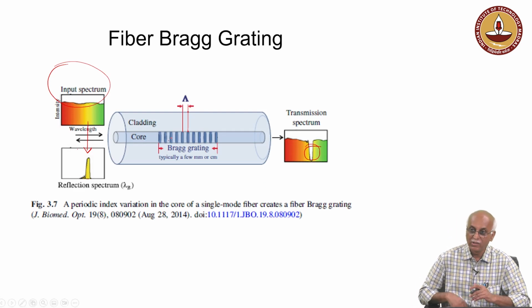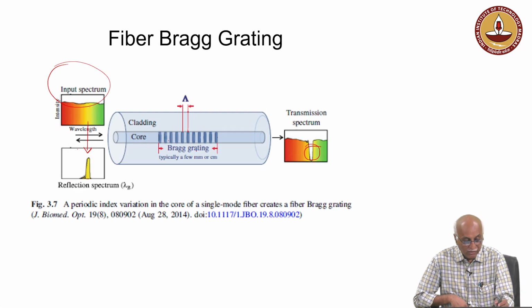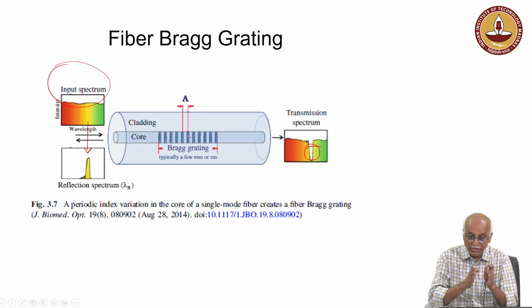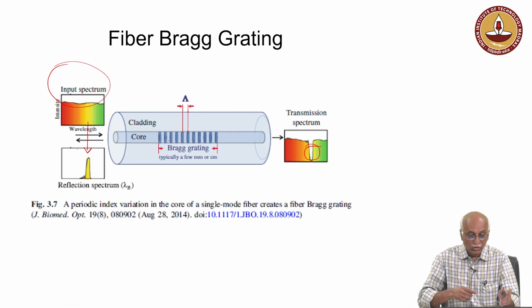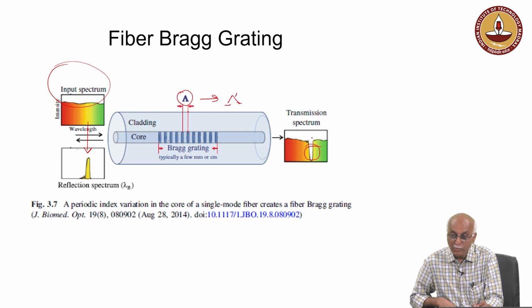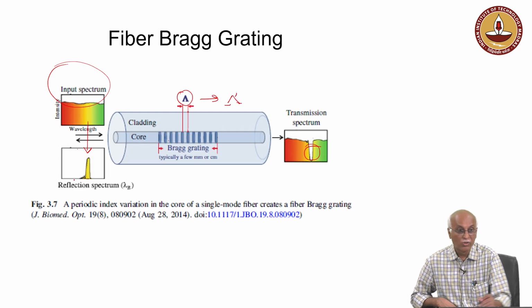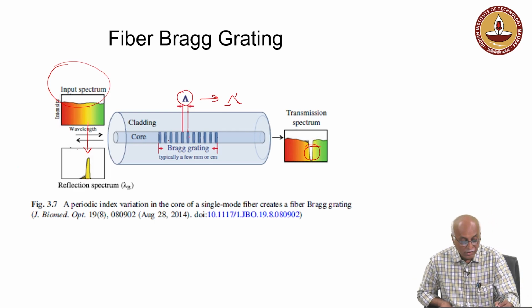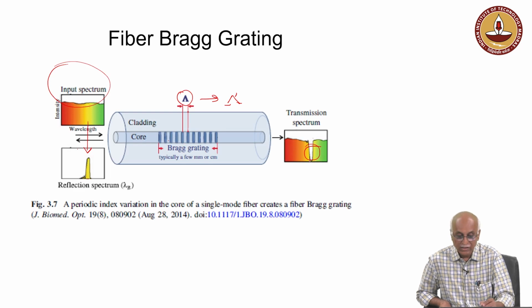Now if the characteristic of this medium changes, either the material gets strained so that lambda changes to lambda dash, then the transmitted or reflected wavelength will also change. If the surrounding refractive index changes, the reflection can change correspondingly.